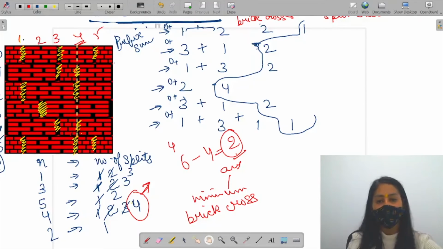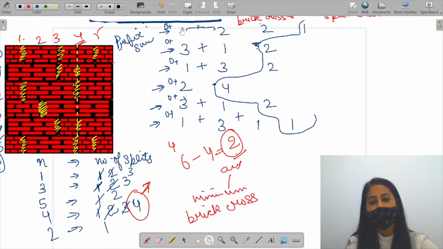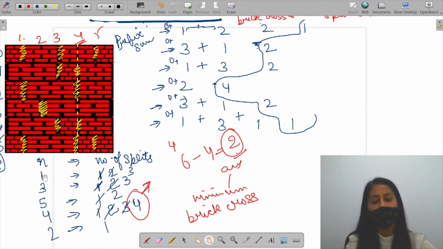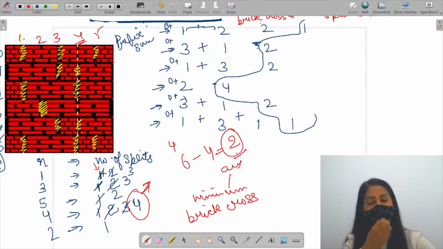Next, when my prefix sum becomes 1, what I am doing, I am adding the prefix sum as a key and I am incrementing the value, right? So if it was not present, it is initially set to 1. If it is already present, I am incrementing the value each time, right?